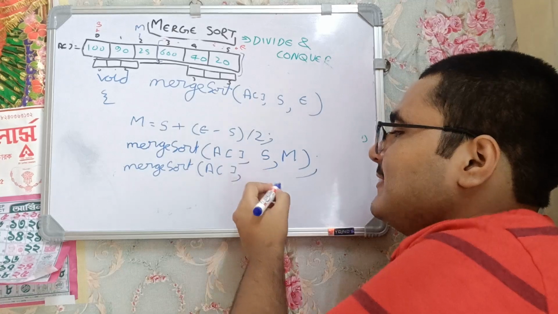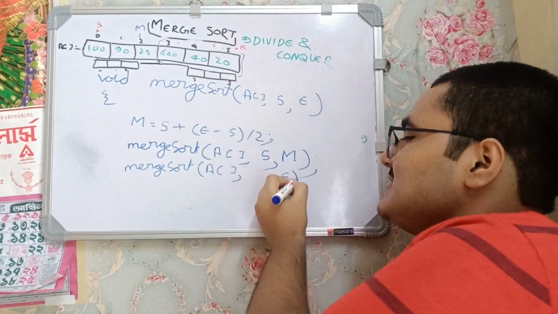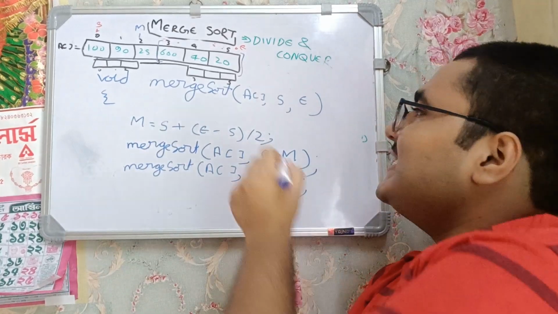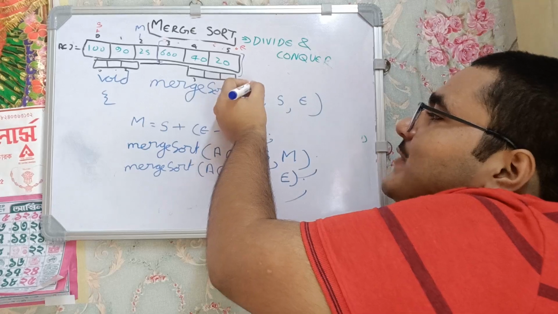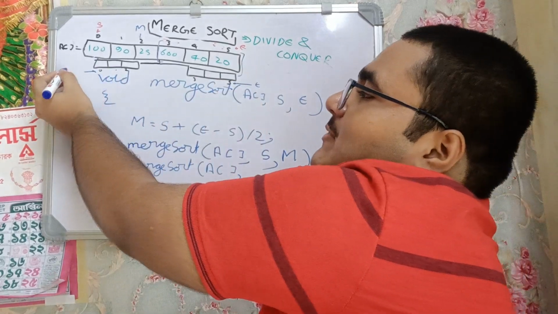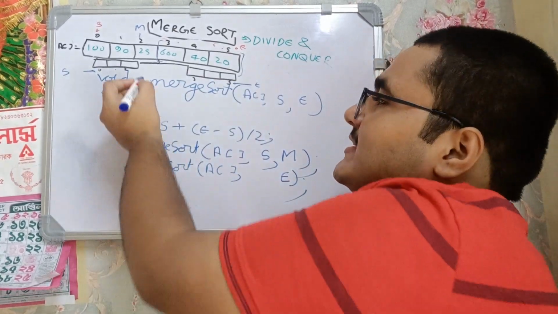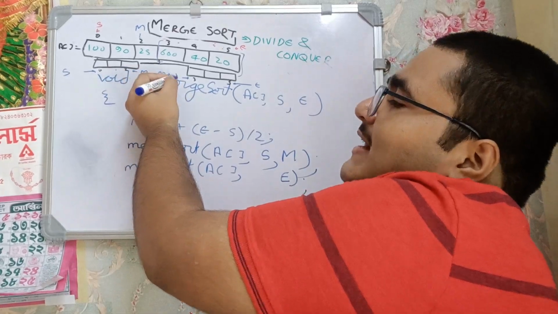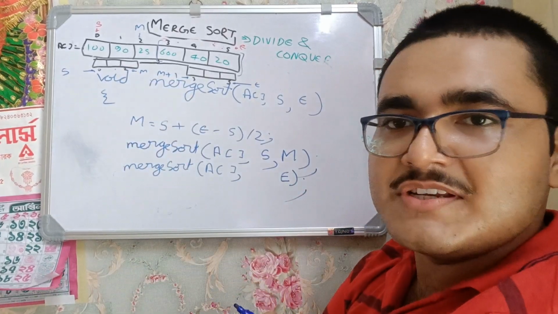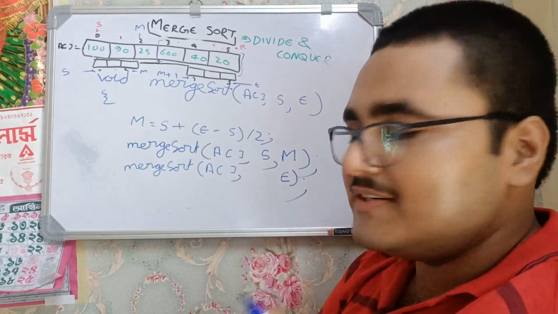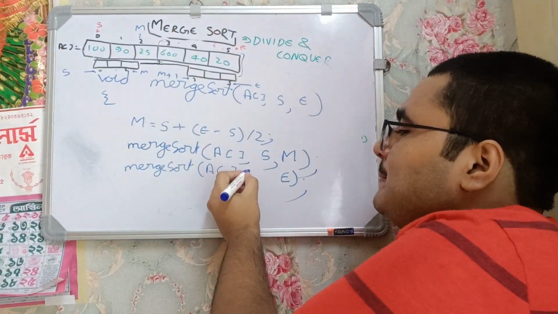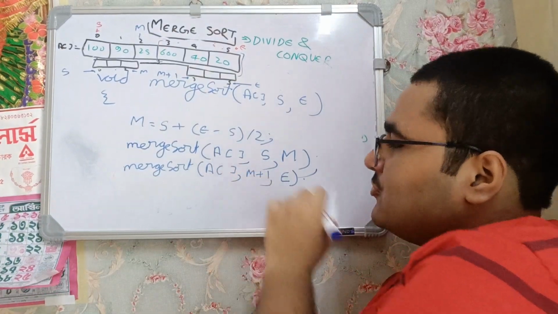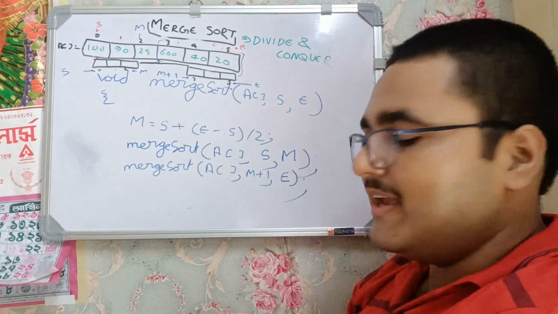So end should remain as it is, whatever it was, right? Here the end is as it is, index 5. Here the start remains same. Okay, so this is mid, and can I say this is mid plus 1? As simple as that. This portion is mid plus 1, right? So from mid plus 1 to end, right?